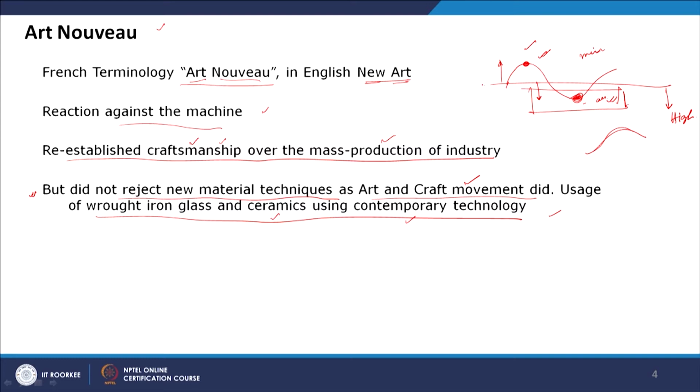I am drawing the graph in this way, so that if it is aesthetically high it will come down, and if it has less ornamentation it will go up. So here the Arts and Crafts movement and Art Nouveau were there. This is how the Form follows function machine movement was there.